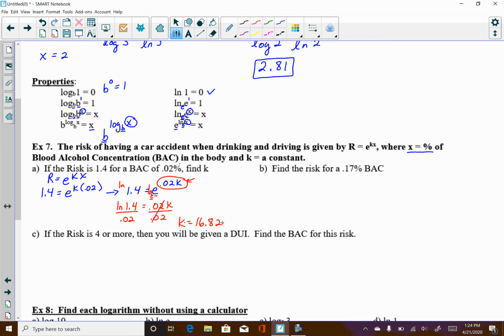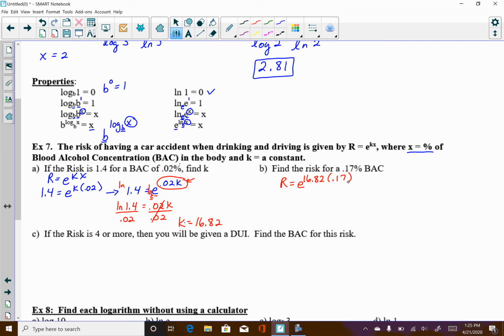In part B it says, let's now find the risk for a 0.17% blood alcohol concentration. So thinking about our formula, R equals e to the power. We now know what our k value is, 16.82, times our x percentage, which they told us is 0.17.